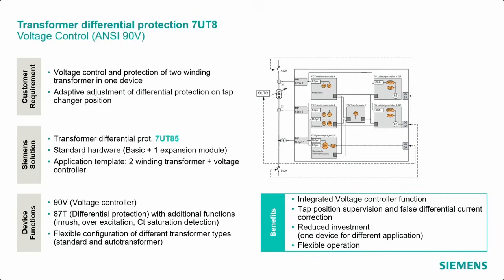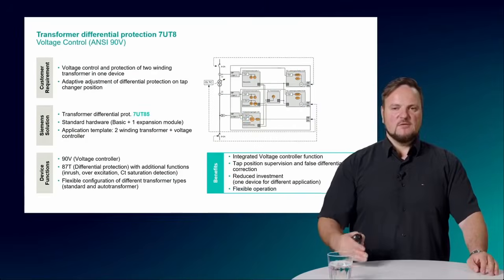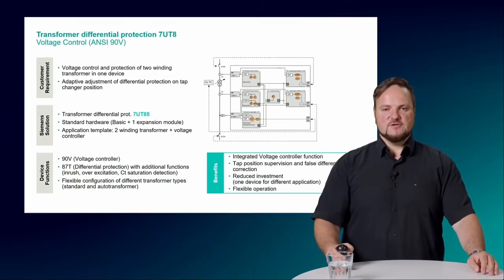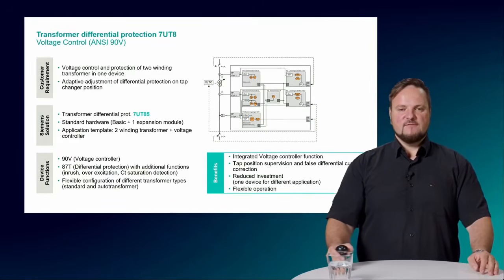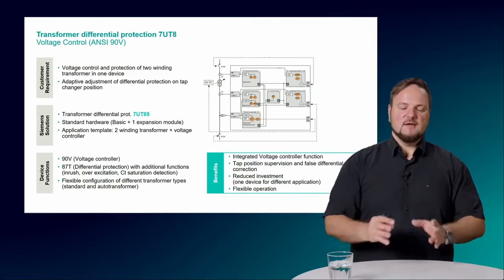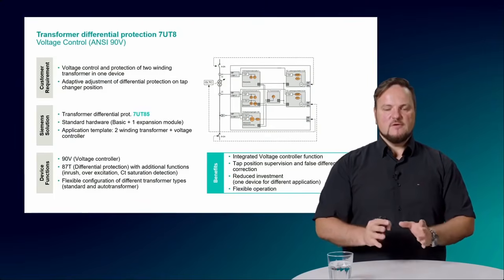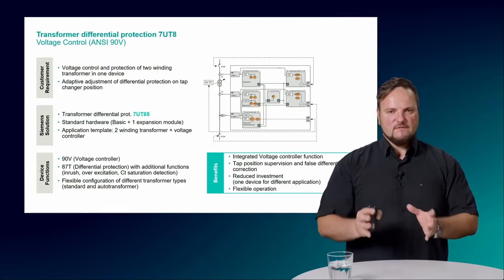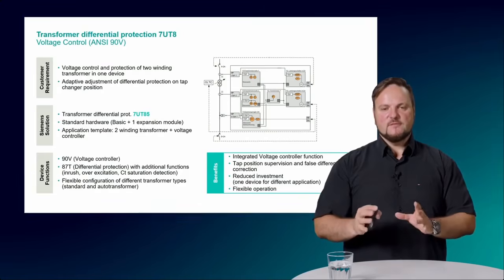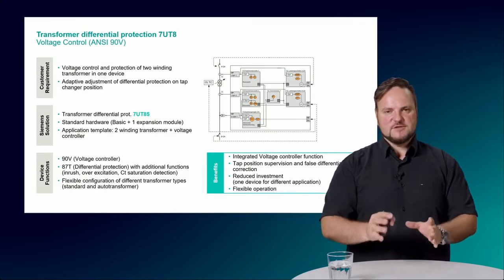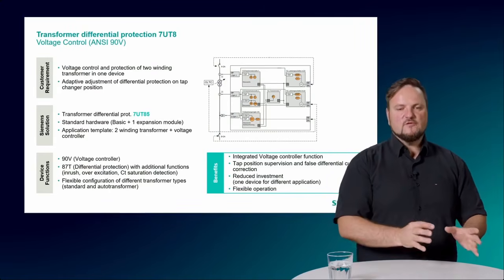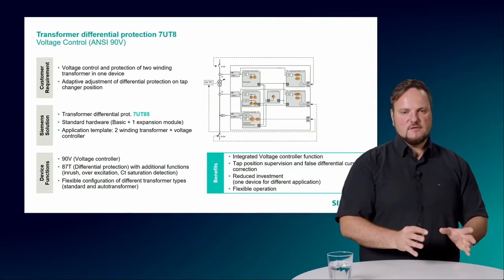We have the tap position supervision, we can correct the false differential current, and we have flexible operation. And in the end, for your application or your substation, it is easy to handle, because everything is coming from the same architecture, the same platform, and also the protocol implementation, so it's quite easy.